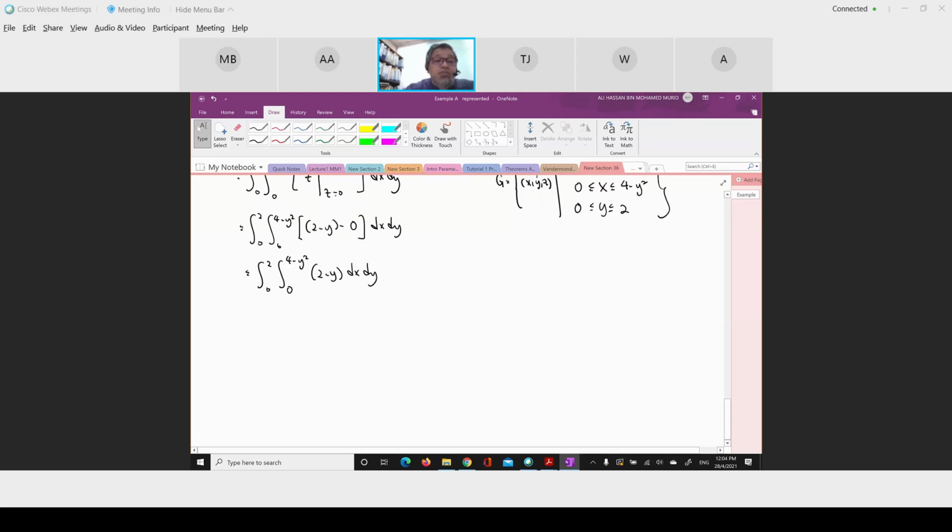Now we integrate with respect to x. What is the integral of 2 minus y with respect to x?